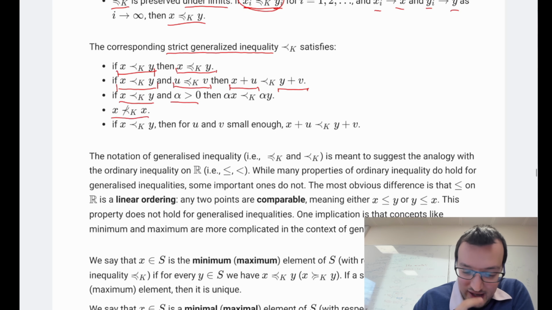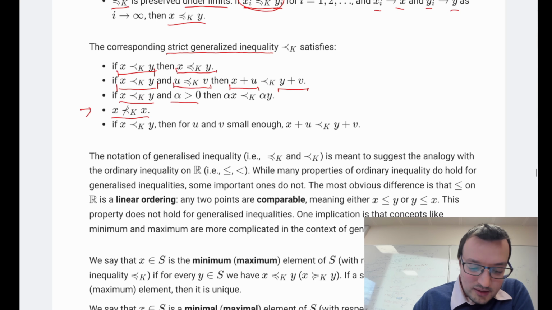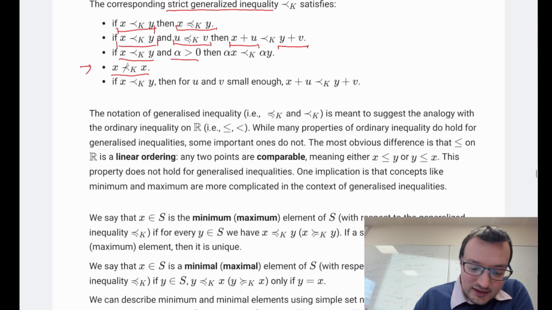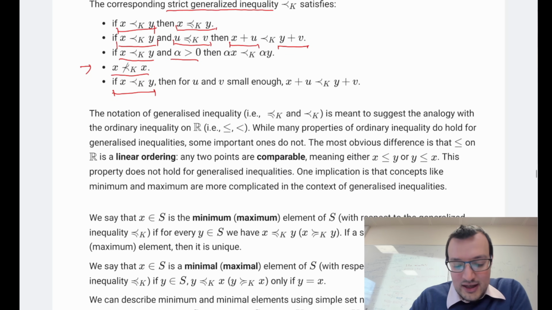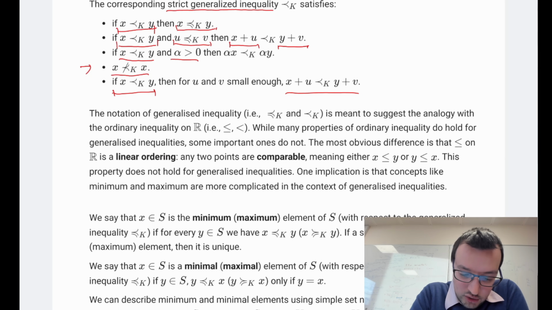And x is not strictly less than itself. Finally, if x is strictly less than y, we can add a small quantity to both x and y, actually two different small quantities, and for small enough quantities we still have the same inequality. So the inequality is preserved for very small additions on both members.